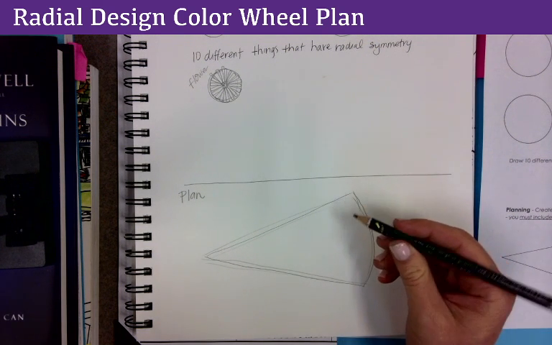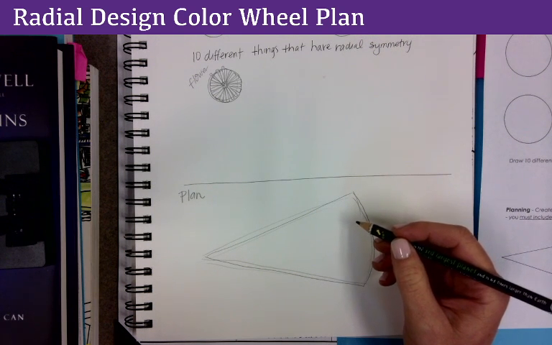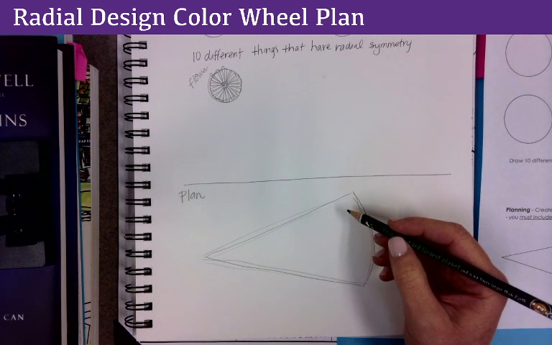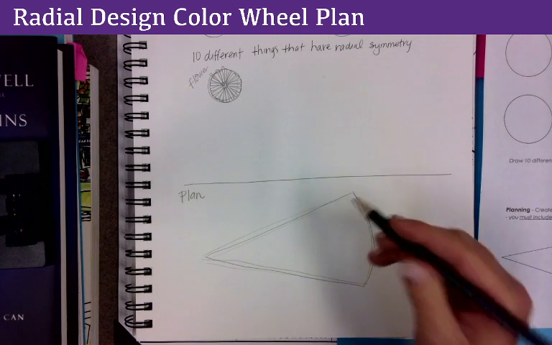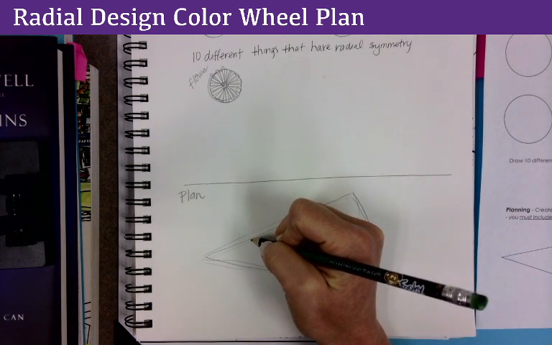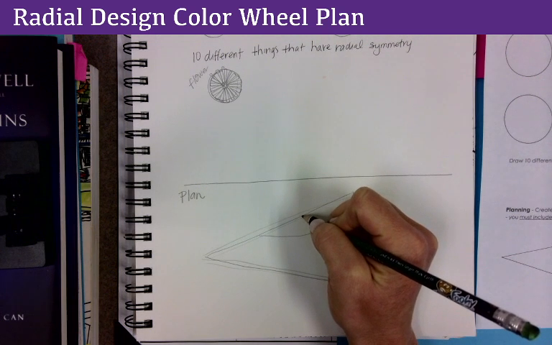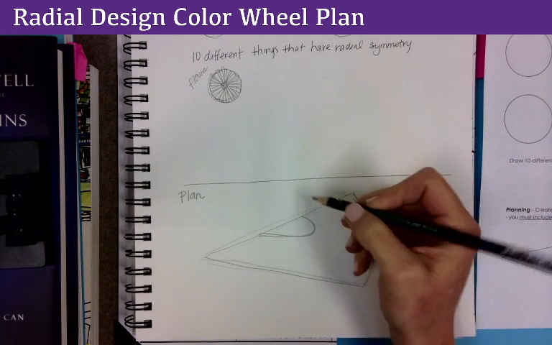If I want to use more geometric, I can. If I want to use more organic, I can. If I want it to be based off of something real, I can do that. But I need to have 12 separate spaces inside this slice. So I am going to do something. So now I have 2 spaces.